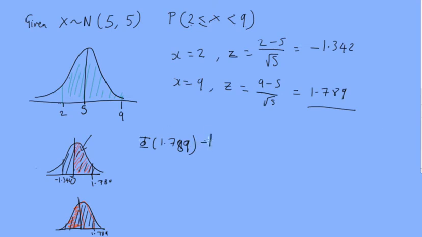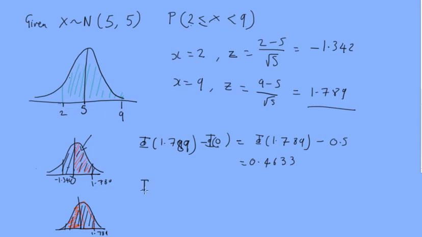So it's minus phi of 0, which is going to be, whatever the value is for 1.789, so you'd have to go and look that up at the table, and actually obviously the phi of 0 is half, because that's symmetrical, the area is 1, and so you're chopping off half of it. 0.4633.